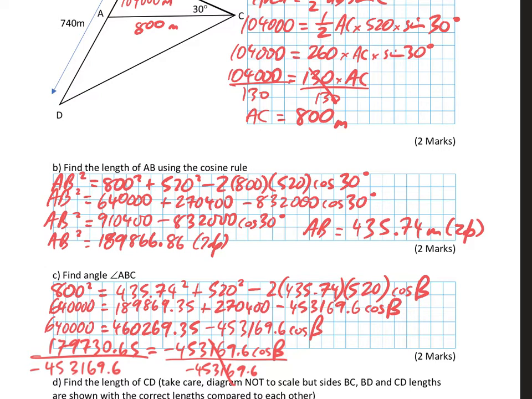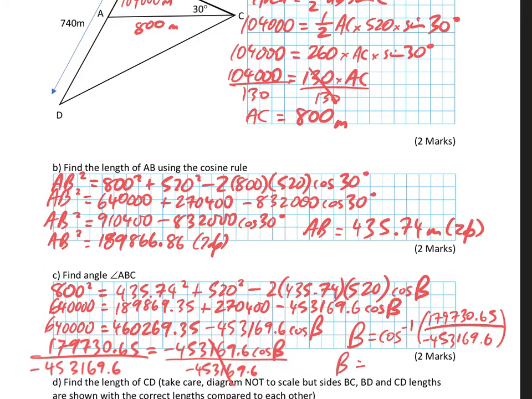I'm just going to find what B is straight away by doing B is equal to cos negative 1 of whatever the answer was, of 179,730.65 over negative 453,169.6.